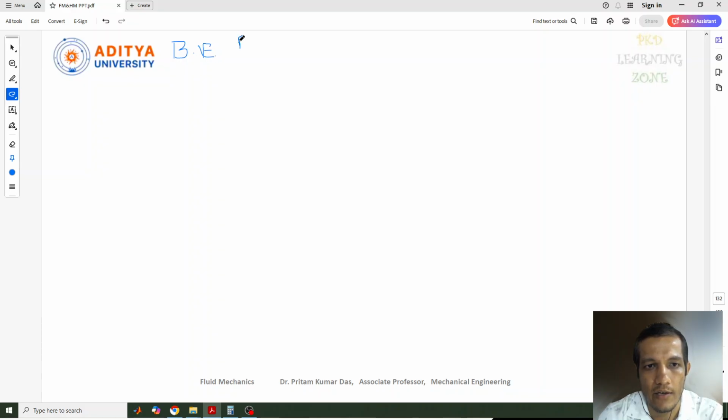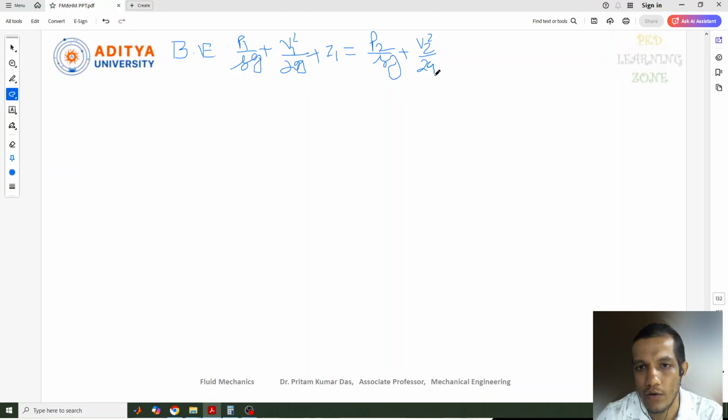Let's write here: P1 by rho g plus V1 square by 2g plus Z1 equal to P2 by rho g plus V2 square by 2g plus Z2, plus the loss of head due to contraction.